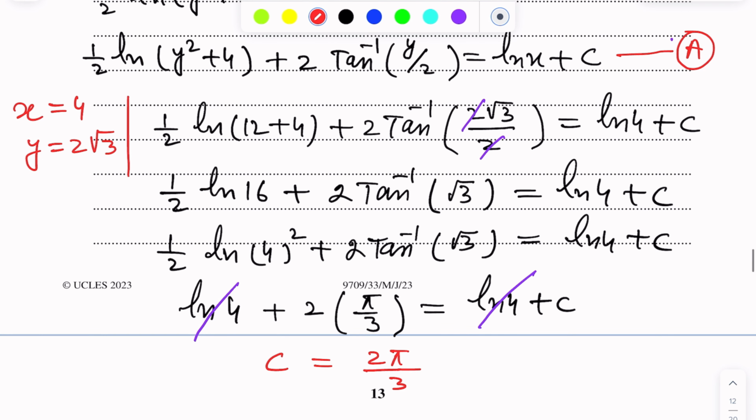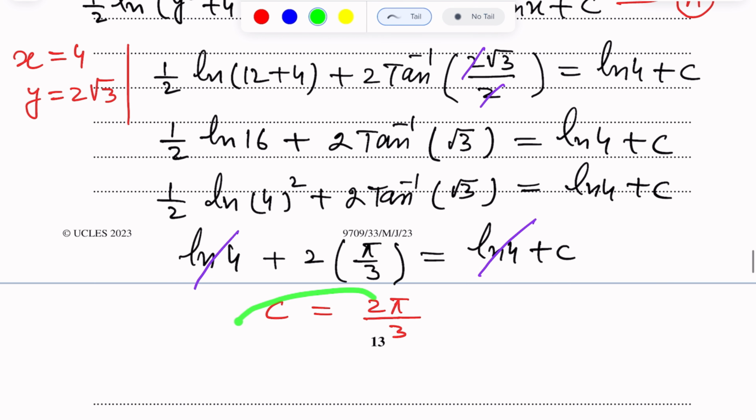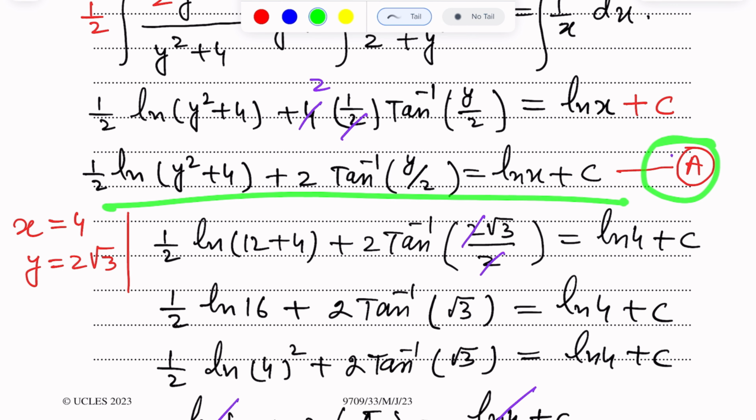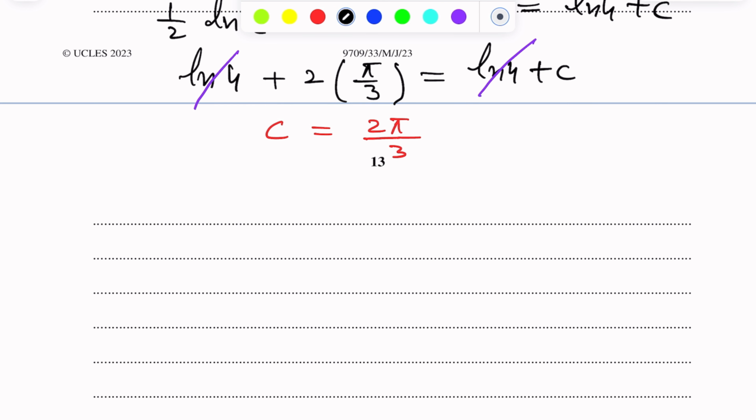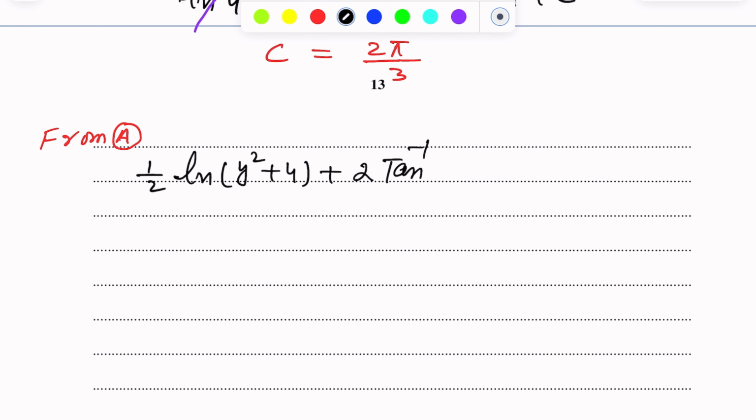Now we will put this value of c in equation A. From equation A, we get 1 over 2 log y square plus 4 plus 2 tan inverse y over 2 is equal to log x plus 2 pi by 3.